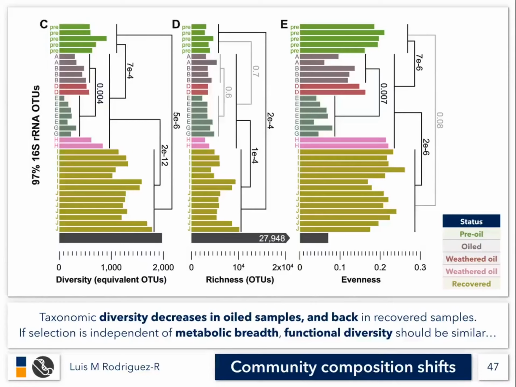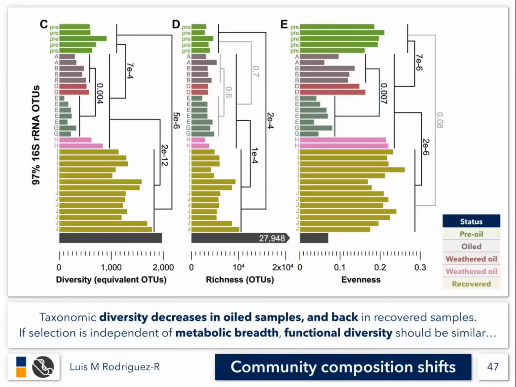One thing that was highly expected is that the effect of that catastrophe would be to decrease taxonomic diversity. And that's exactly what we saw. A catastrophe came, and many of these organisms just died because of the toxicity of the oil, or because they were unable to gather enough nitrogen, or because of anoxia.